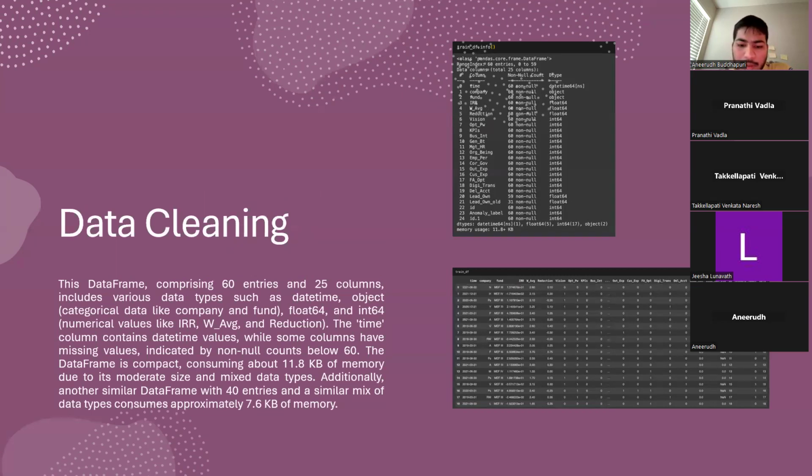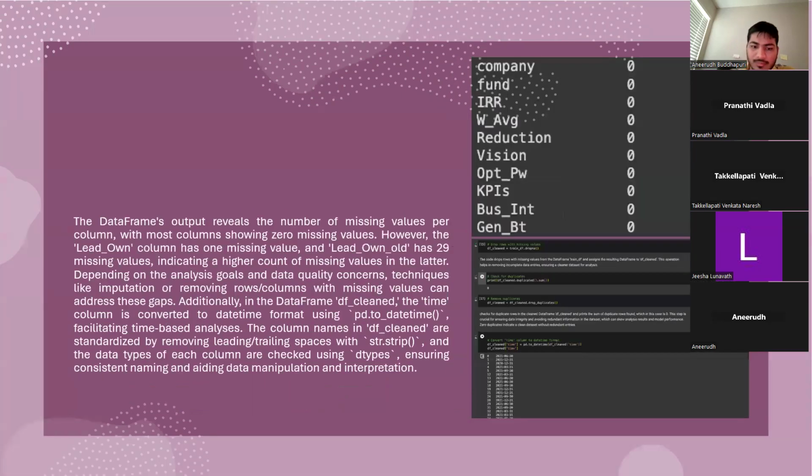The data frame is compact, using 11.8 KB of memory, and another similar data frame with 40 entries uses about 7.6 KB. Understanding the composition and memory usage of our data frame is essential for efficient data processing.